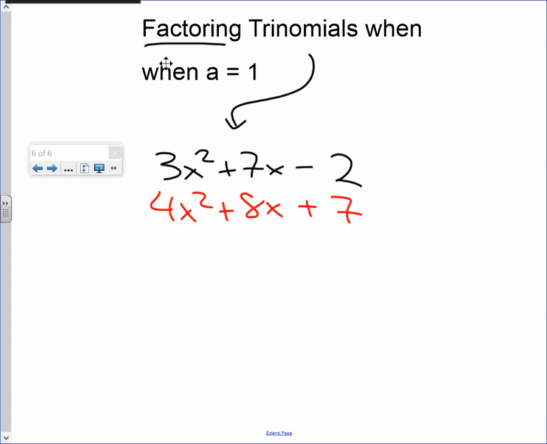Underneath that one, I'm going to use dotted blue and write another trinomial: negative 7x squared plus 3x plus negative 10. I'm just making it up as I go.